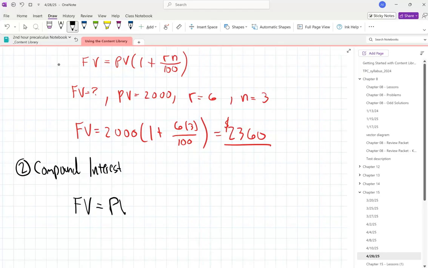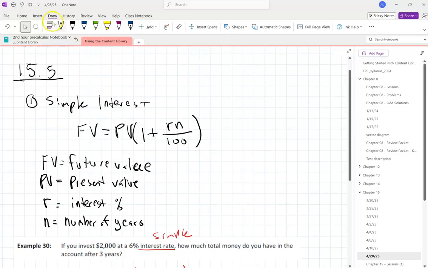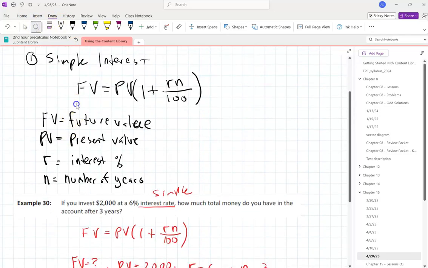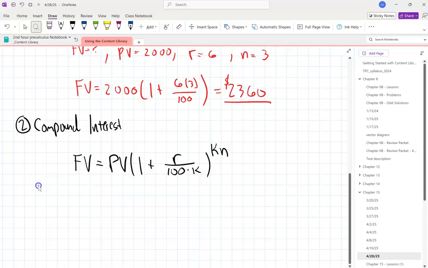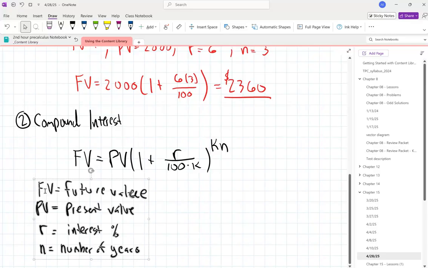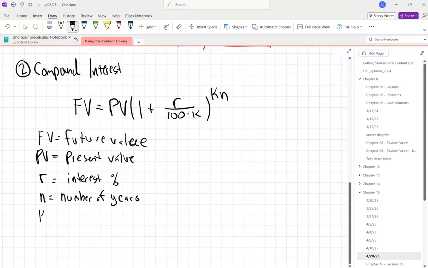Our compound interest formula is the following. The only thing that's different letter-wise is now we have this extra value K. The K represents the number of compounds per year.